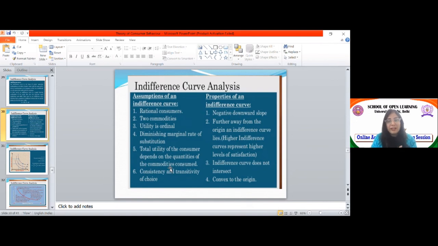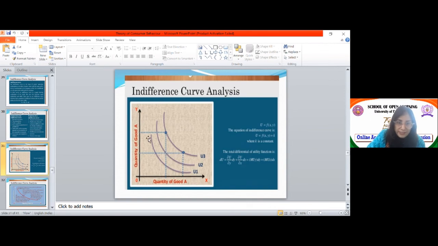So every different indifference curve has a different satisfaction level. Here we have different satisfaction, here different, and here also different. So these cannot intersect, otherwise both would have the same satisfaction level, and we are not saying that. We have made the assumption that they will not intersect. Farther from the origin is the highest indifference curve, which means higher satisfaction.